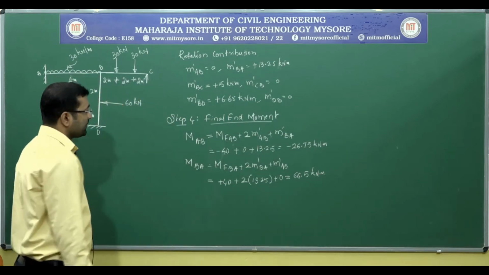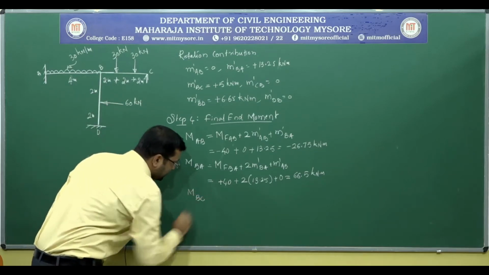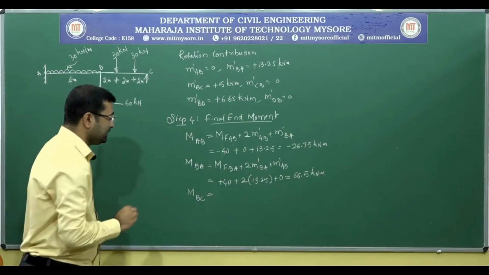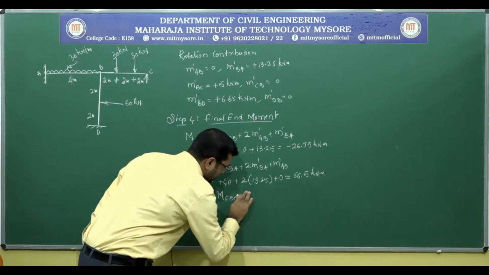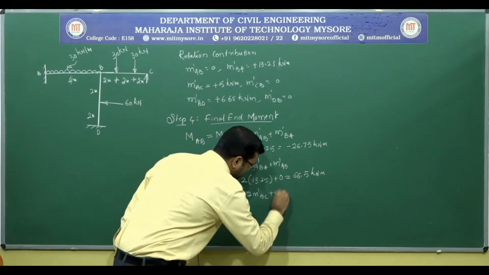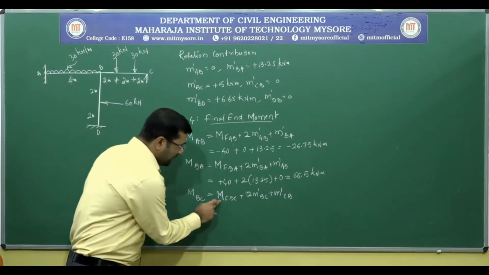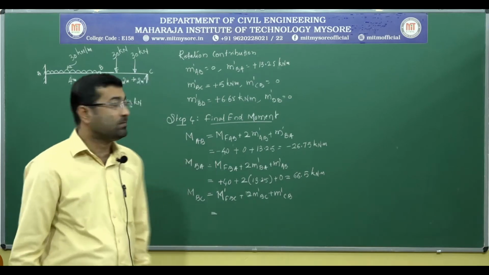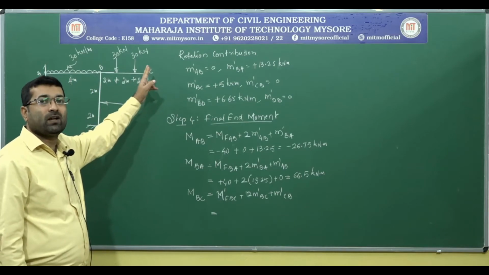Now similarly, for the calculation of final end moments for span BC, MBC is equal to MFBC plus 2 times M dash BC plus 1 times M dash CB. Here, instead of using MFBC, we need to use a modified fixed end moment, because we have the C support as simple in nature.